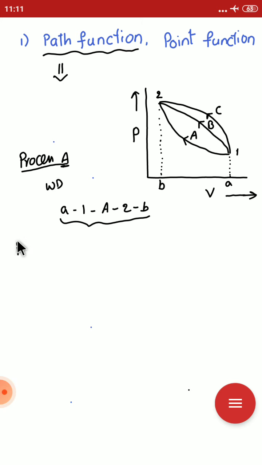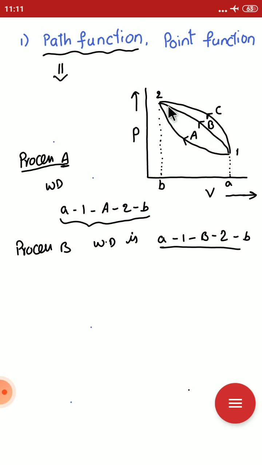For the process B, the work done is the area under the curve B, a1 b2, small b.